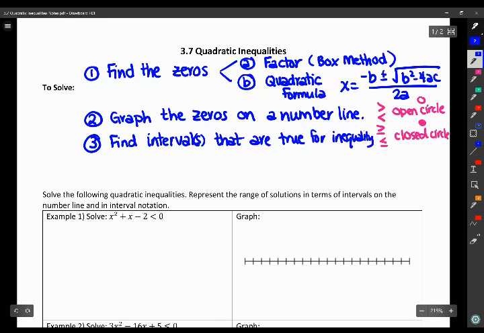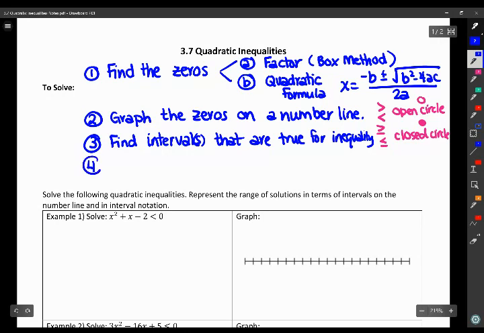There's one way for you to pick a point and plug it into your equation, and find out if it's true or false. There's another way where you can just think of a number line and think of it as a 0: to the left is positive, to the right is negative, and that's probably the easiest way.